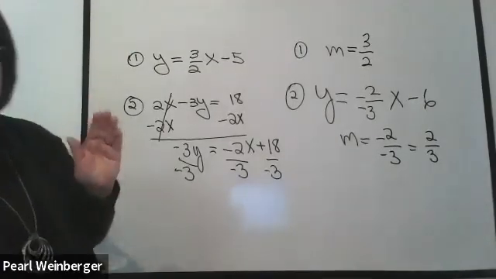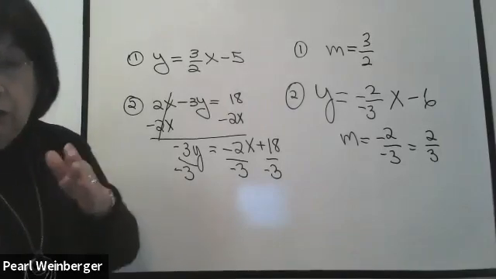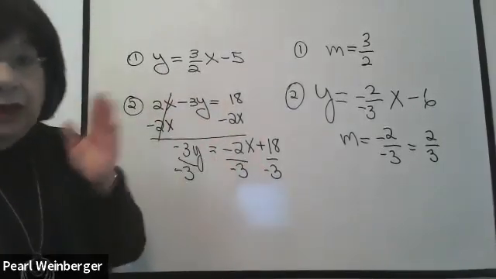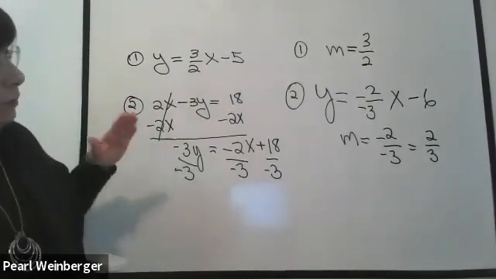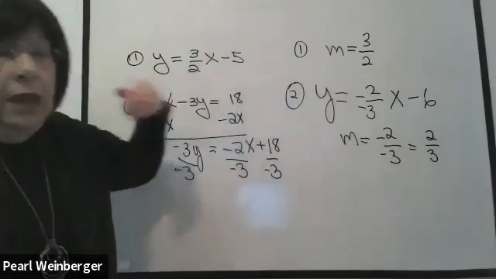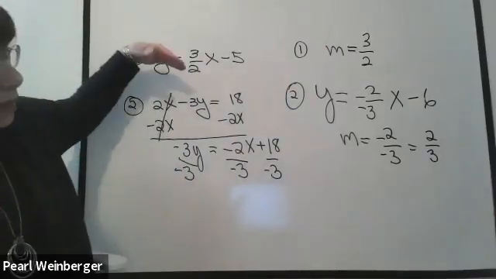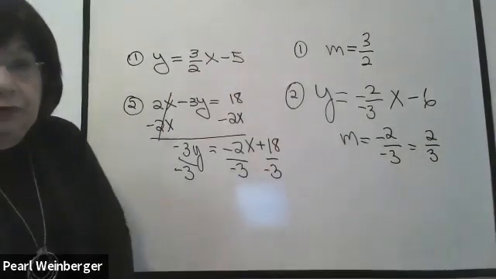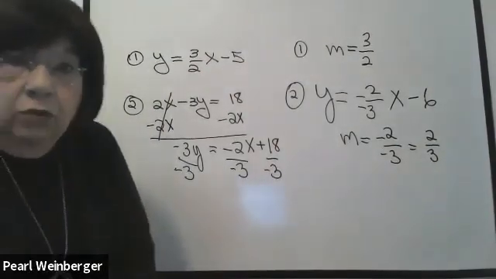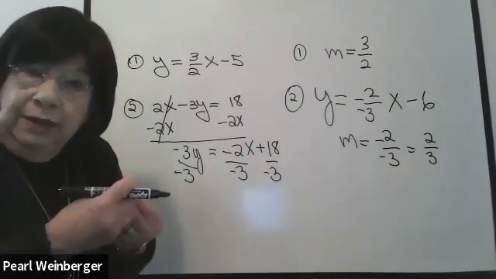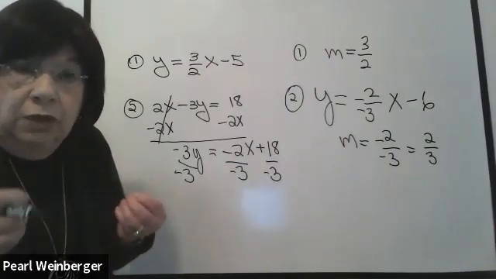Also, if my slope was any other number, if it was positive, it told me the line was going up. And if my slope was a negative number, it meant the line was going down as I go from left to right.